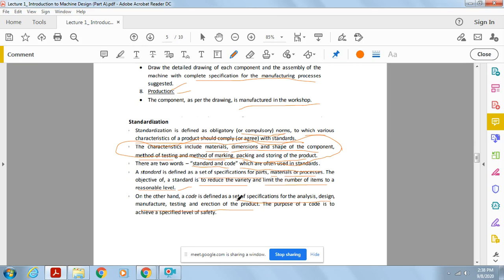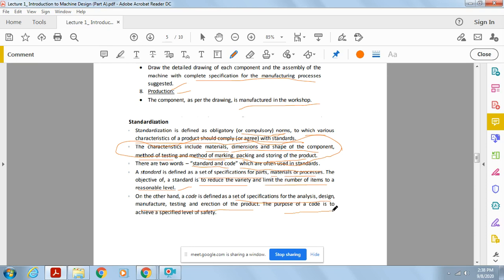If it fails the quality checking, of course it will be rejected. The testing part and the erection part broadly come under the concept of code. But parameters like material selection and process selection come under the concept of standard. This is the basic difference between standard and code.